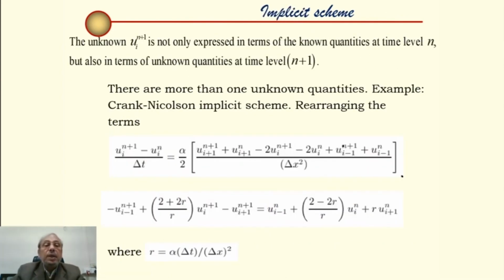Now, ui n plus 1 can be expressed not only in terms of known quantities at n, but also unknown quantities at the time level n plus 1. This can also be written.